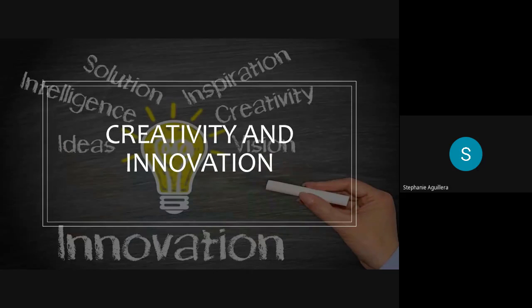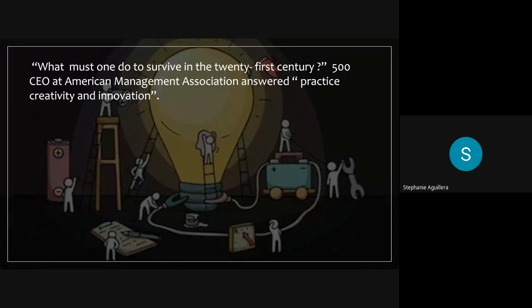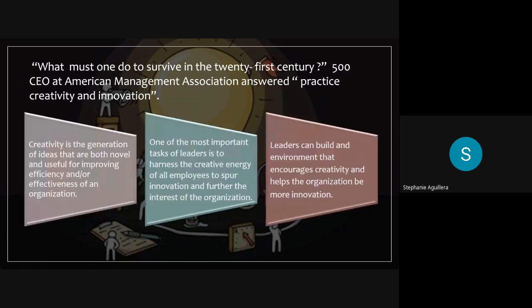Creativity and innovation. What must one do to survive in the 21st century? 500 CEOs at the American Management Association answered, practice creativity and innovation. Creativity is the generation of ideas that may be both novel and useful for improving effectiveness for any organization.